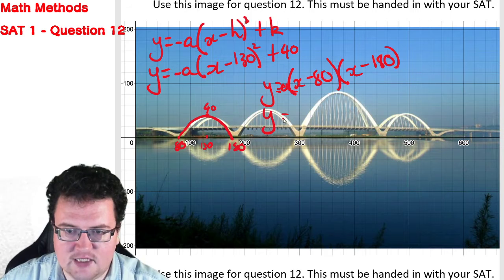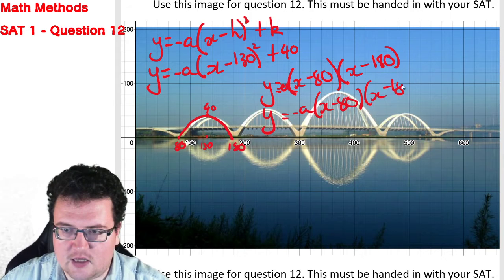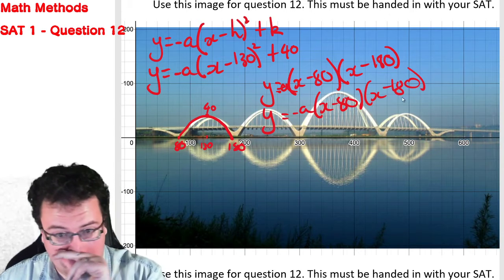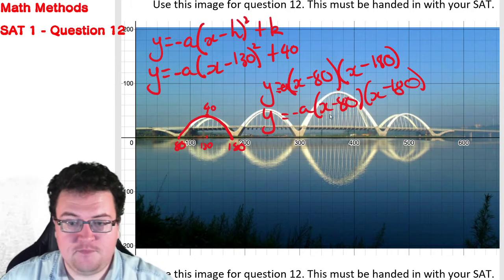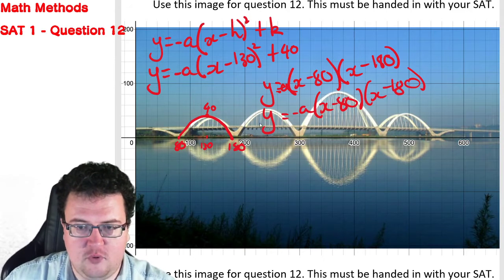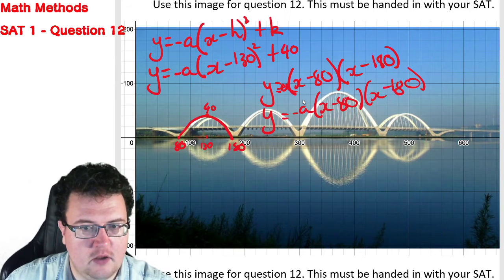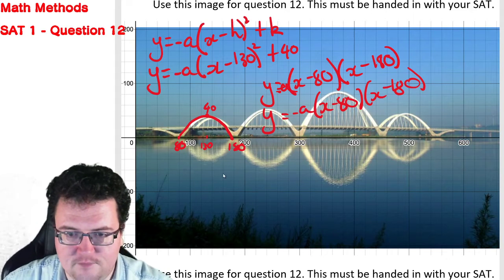So y is equal to negative a(x minus 80)(x minus 180). And look, I can put those back to back and then see where I go from here.